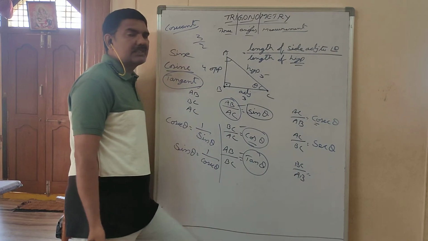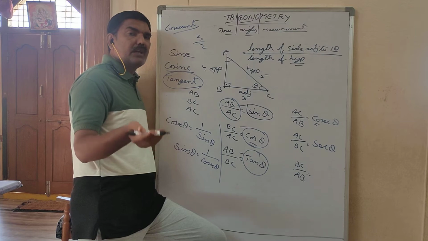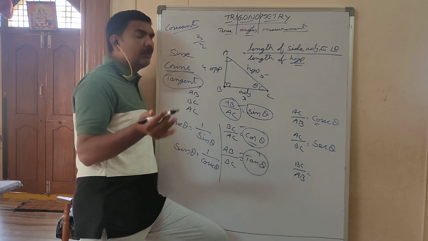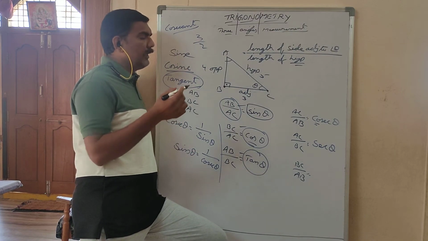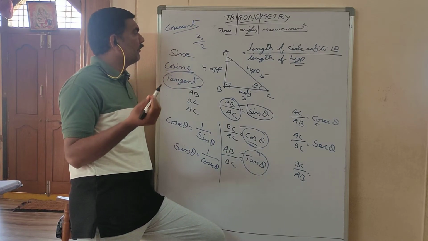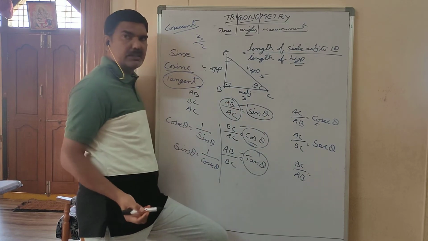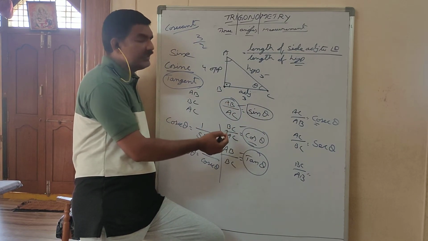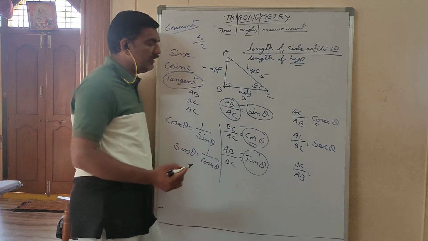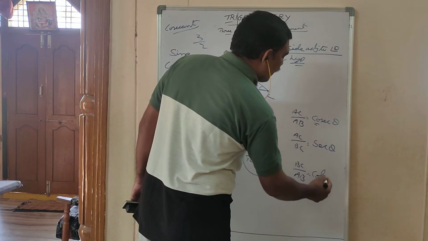Some teachers will say sec theta. That is their wish, however they pronounce it, leave it. The important thing is to write SEC and pronounce it as secant. So secant theta is the reciprocal of cos theta. Cos theta is BC by AC, the reciprocal is AC by BC. Next, the reciprocal of tan theta is cot theta.